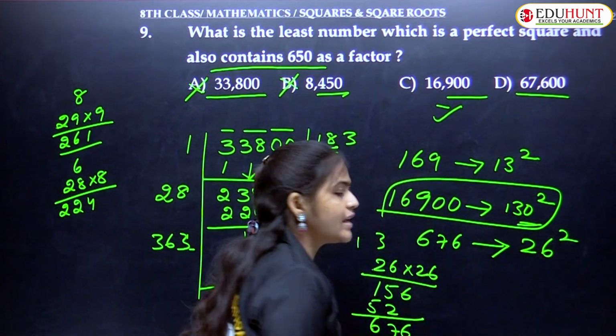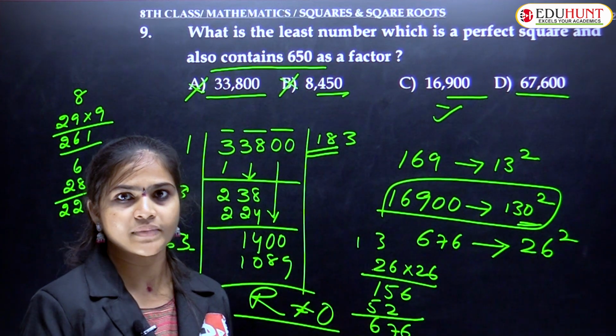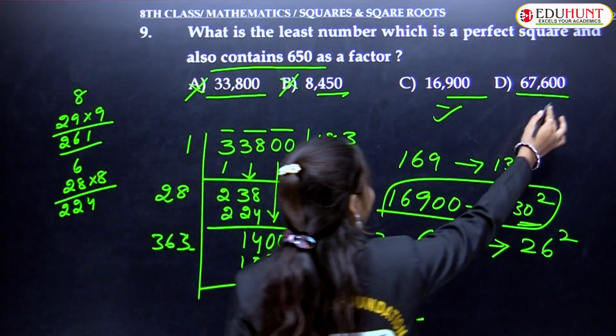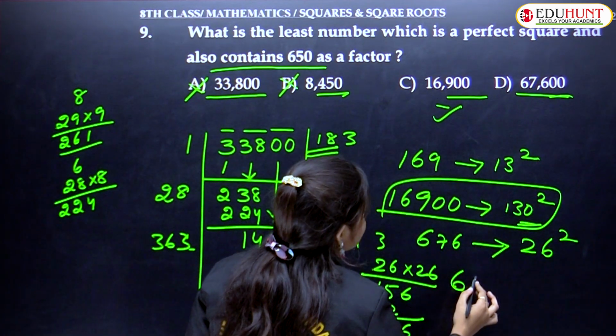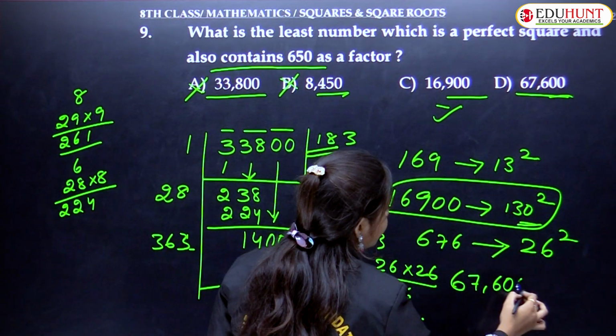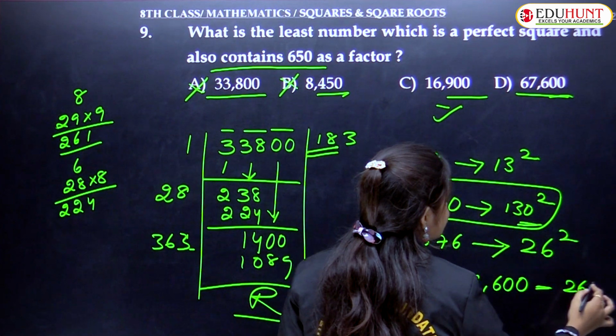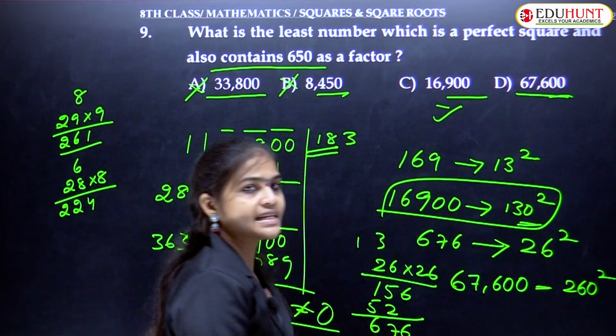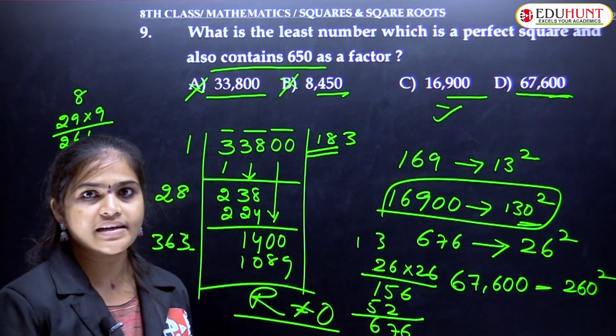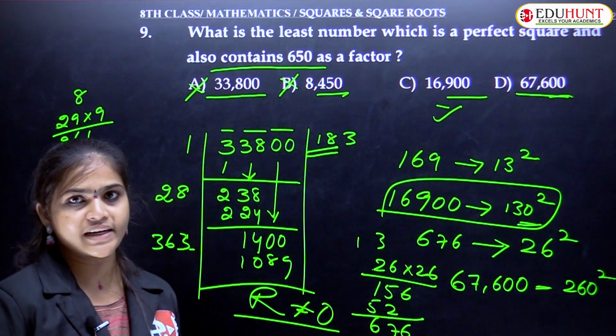So 26 square is equal to 676. Here again we have 2 zeros, so 67,600 we can write as 260 square. Understand? So that is also a perfect square.